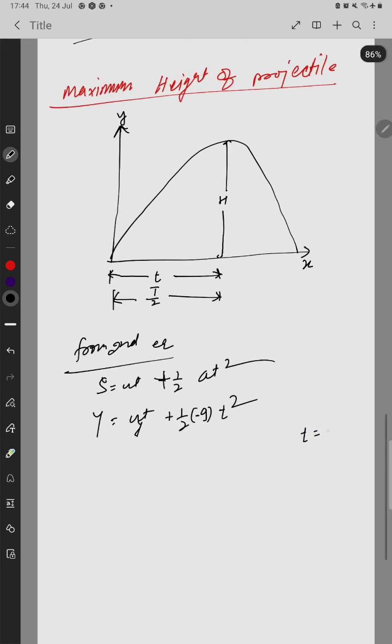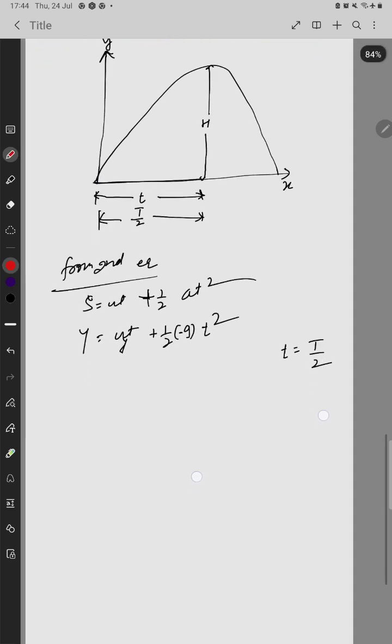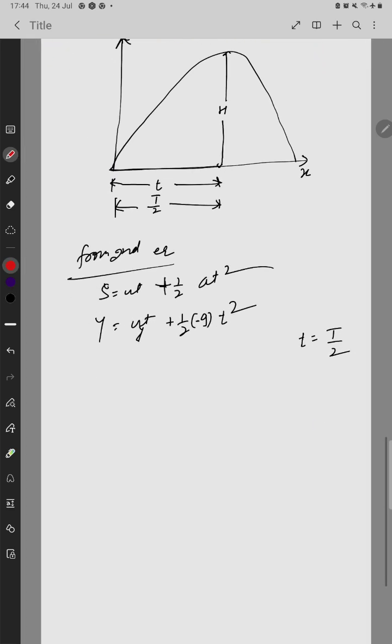At this place t is equal to T by 2, because we are calculating for half time, up to the maximum height. So in place of y we write h, and it will be u sin theta times capital T by 2, minus half g times (capital T by 2) square.